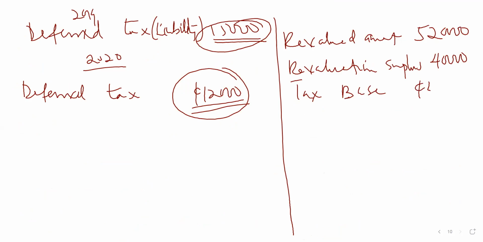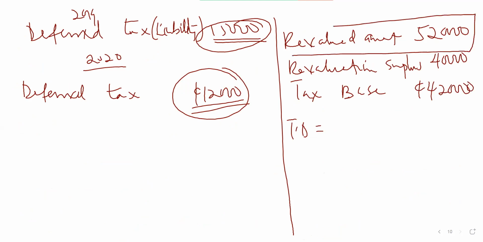Okay. Let's now calculate our new temporary difference. Our new temporary difference will now be calculated as the new carrying value of the asset, which is the revalued amount, 520,000, minus what? 420,000. What is the new temporary difference now? 100,000.